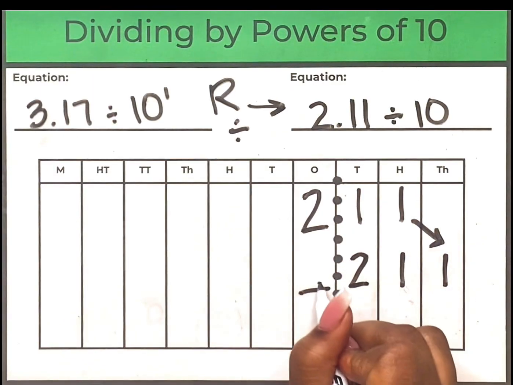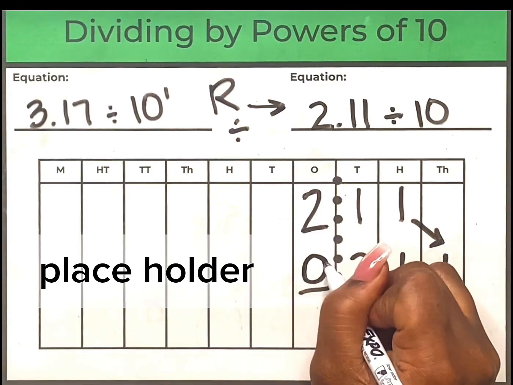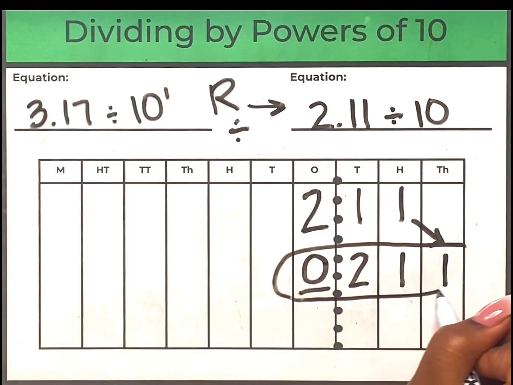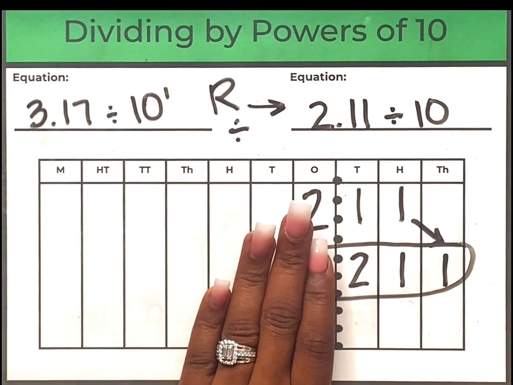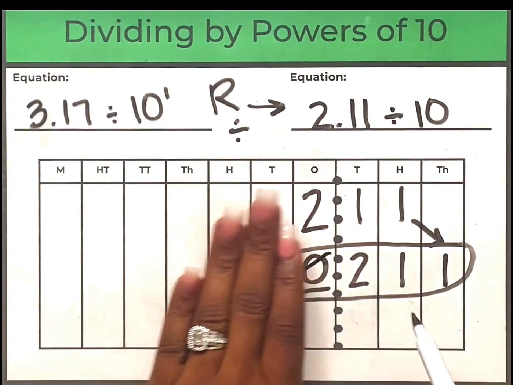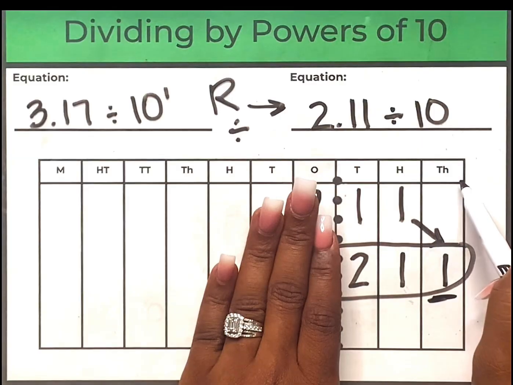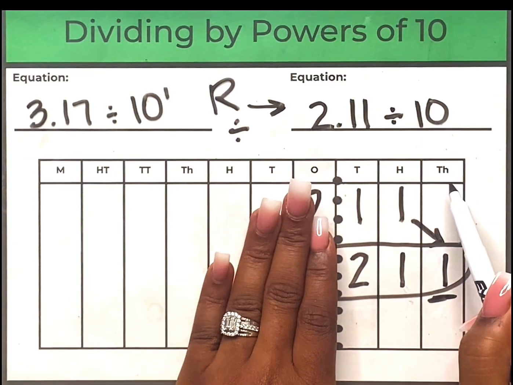In this blank location, we're going to put a what? Hopefully you said 0. And now that we've created our new number, let's circle it. Let's read it. 211 thousandths.